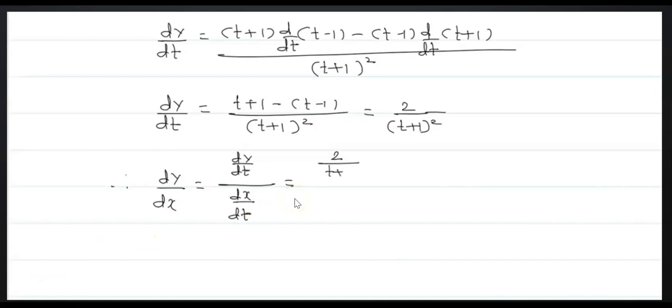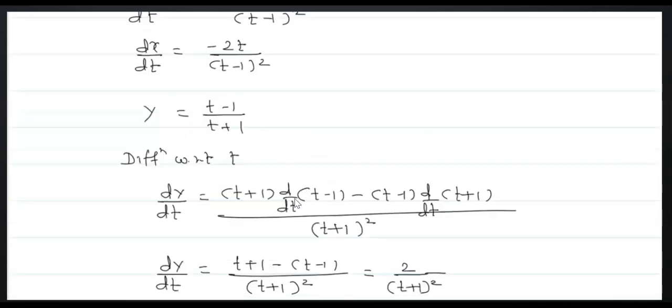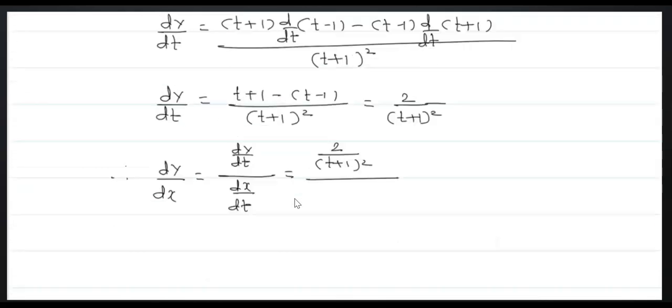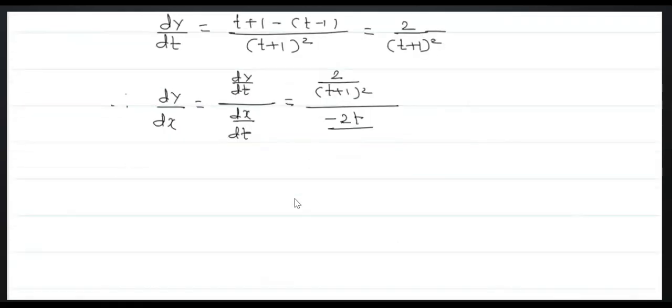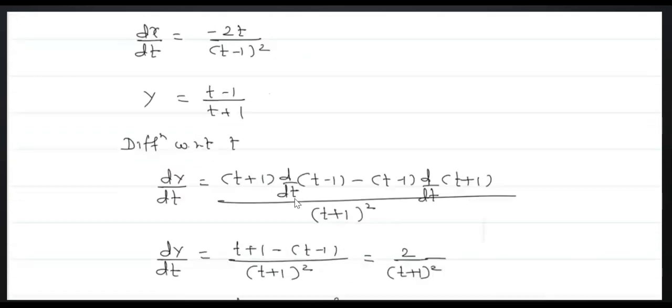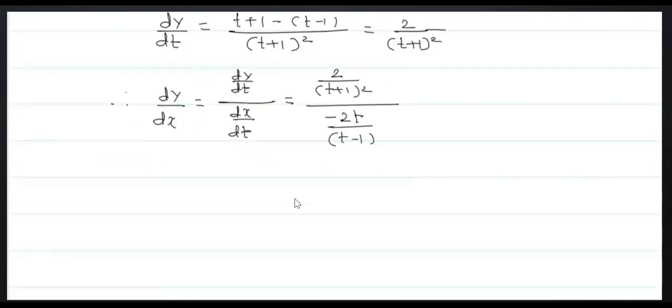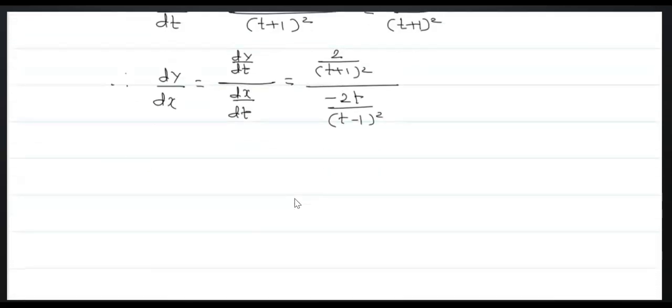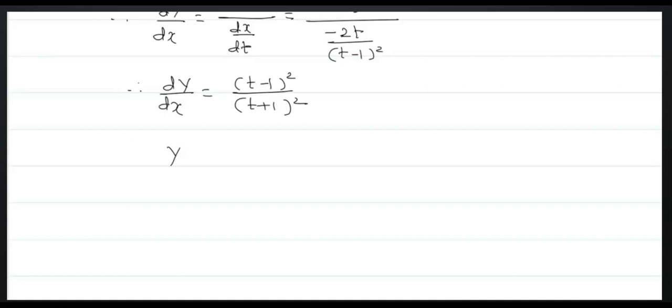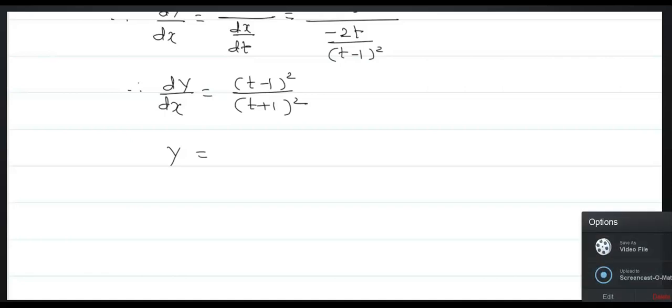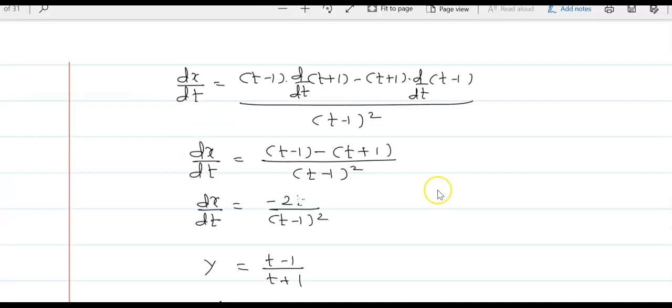That is 2 upon (1 plus t) square upon... I think that it is a mistake. Now I will scroll down.